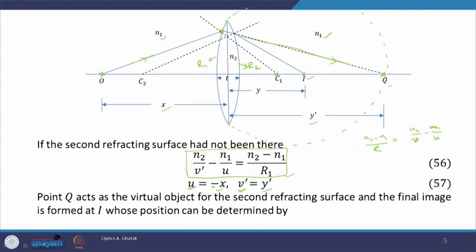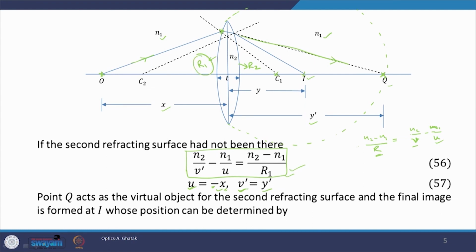We will implement this formula here. In this formula u is minus x, and v is v prime, which is y prime. And what is R? R is the radius of curvature of the first interface, which is R1.